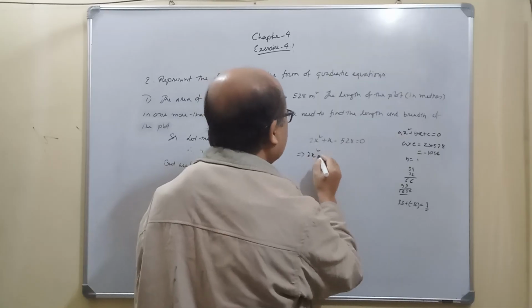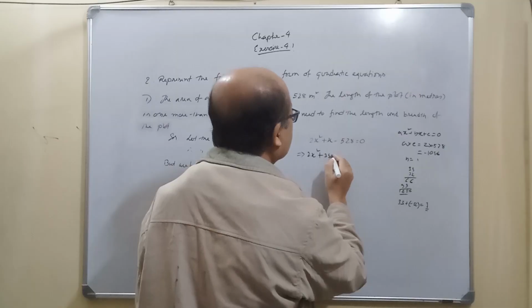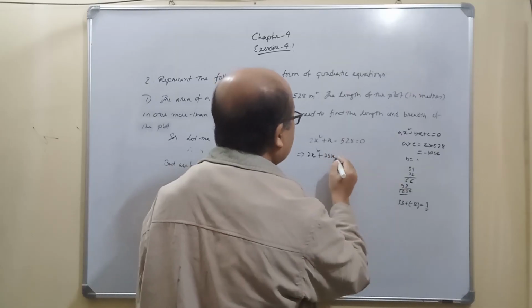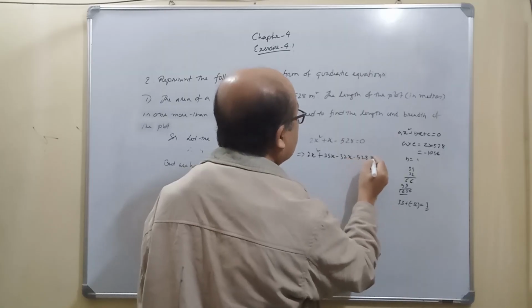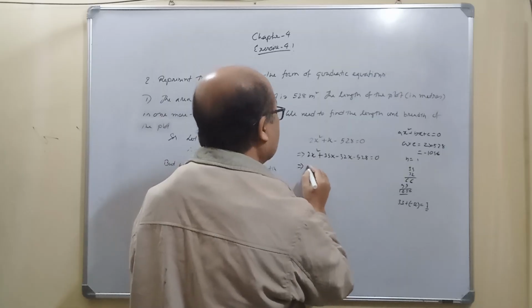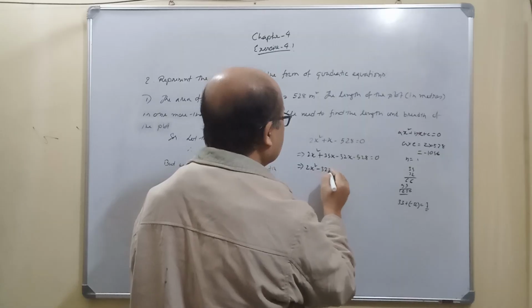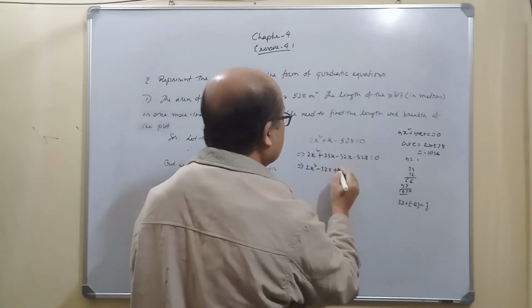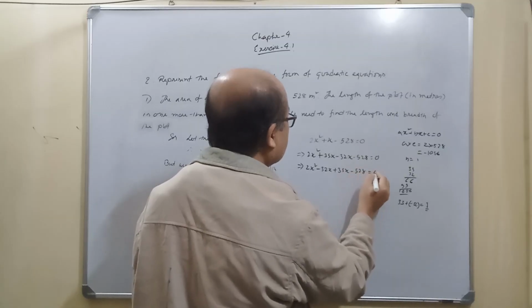So we will factorize it: x can be written as 33x minus 32x, so 2x square plus 33x minus 32x minus 528 equal to 0. I'm just rearranging. The equation remains the same.